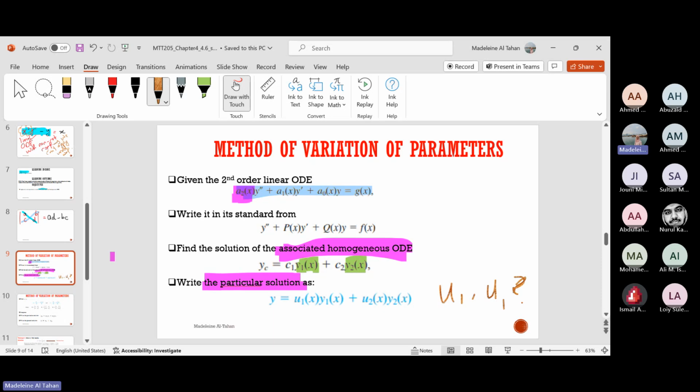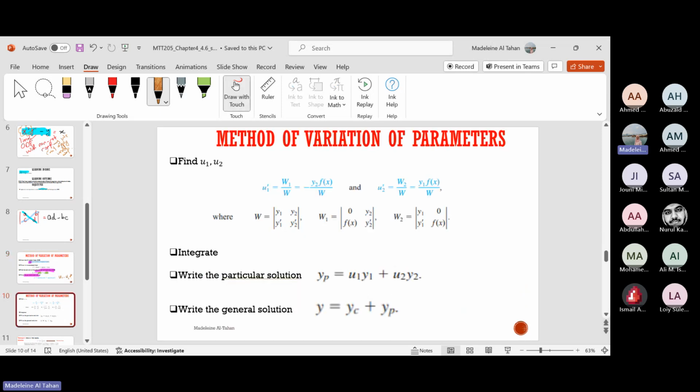Any questions till now? Are the steps clear so far, miss? Yes. Okay. Now, how to find u1 and u2? We can find first the derivative of u1 and the derivative of u2. How do you find the derivative of u1 and u2?